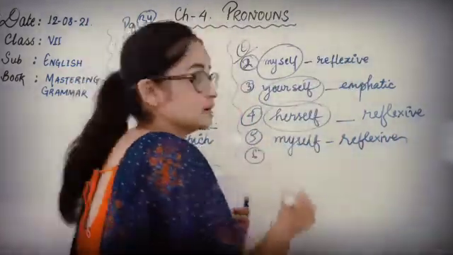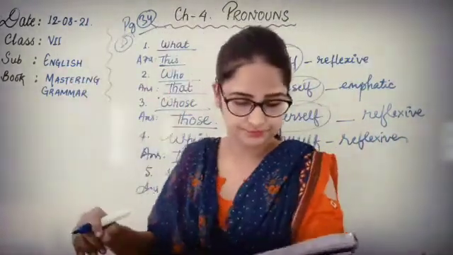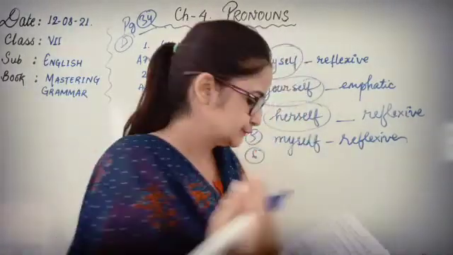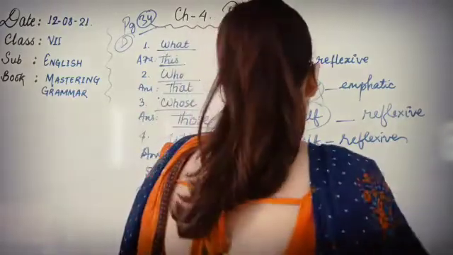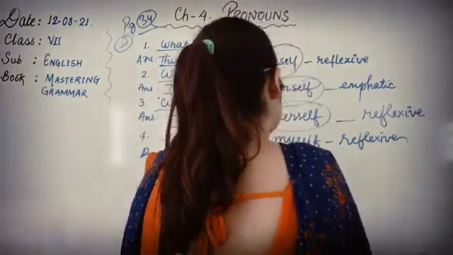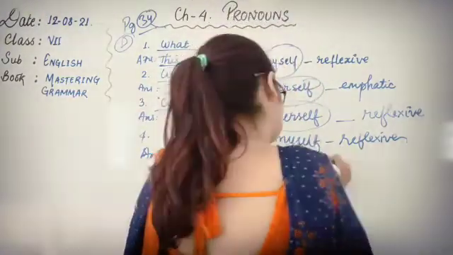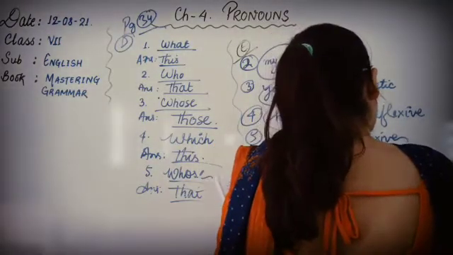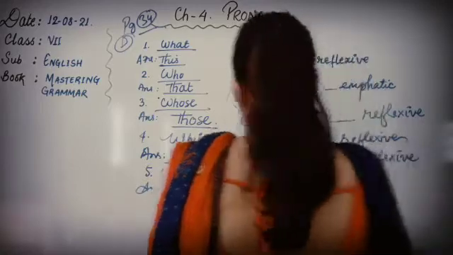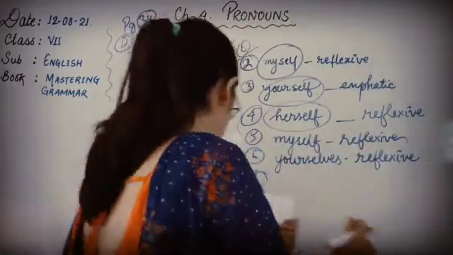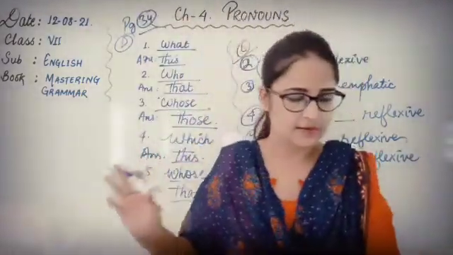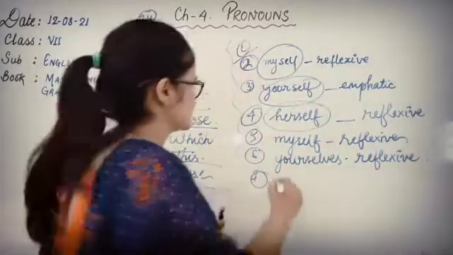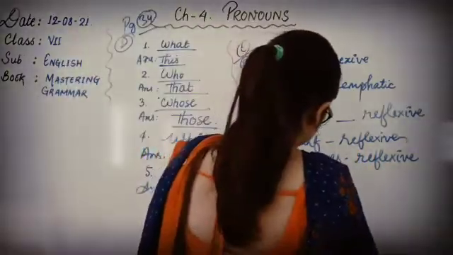Number 6 now. Please help yourself with the food. So here yourselves, and it's again reflexive. Number 7. The children are grown up now and can look after themselves. Themselves here is again reflexive, children.